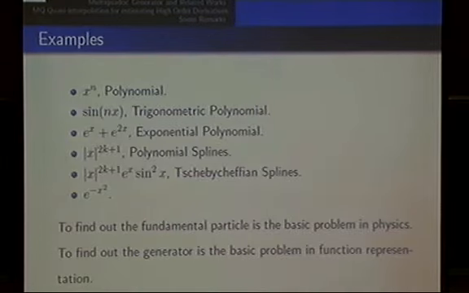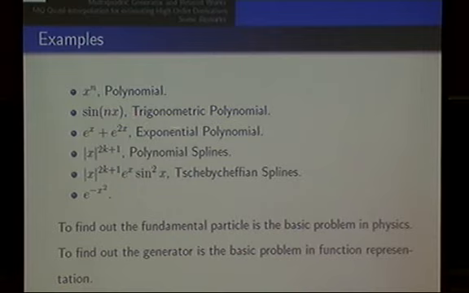Here are some more examples. You can take x power n, you can take sine nx, you can take e^x plus e^2x, or the absolute value of x to the power 2k plus 1, and so on. Such functions are really very interesting. The first one generates the polynomial space.